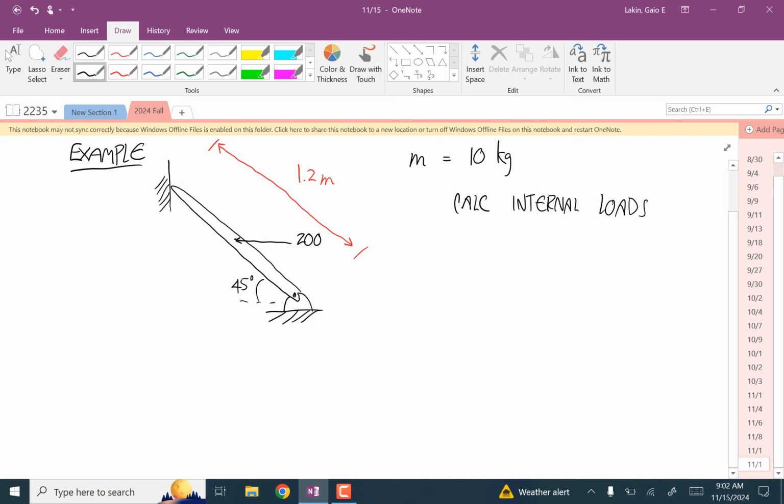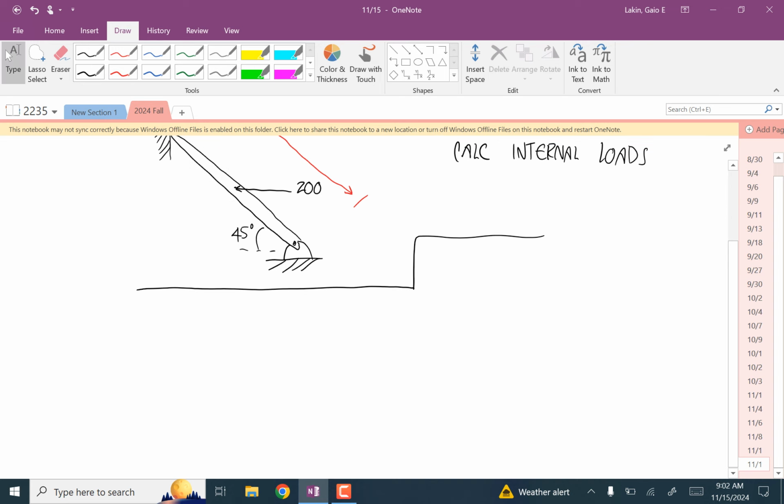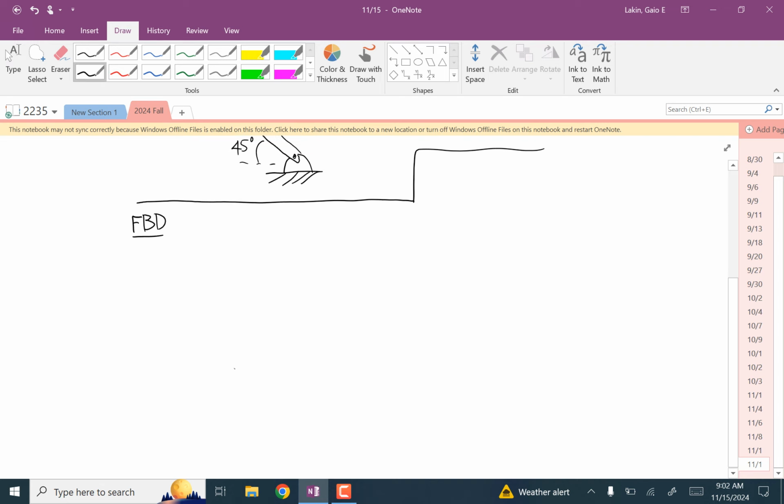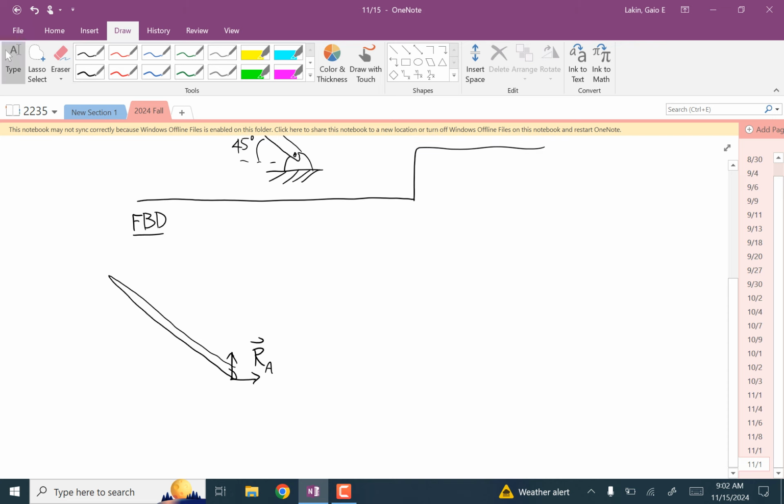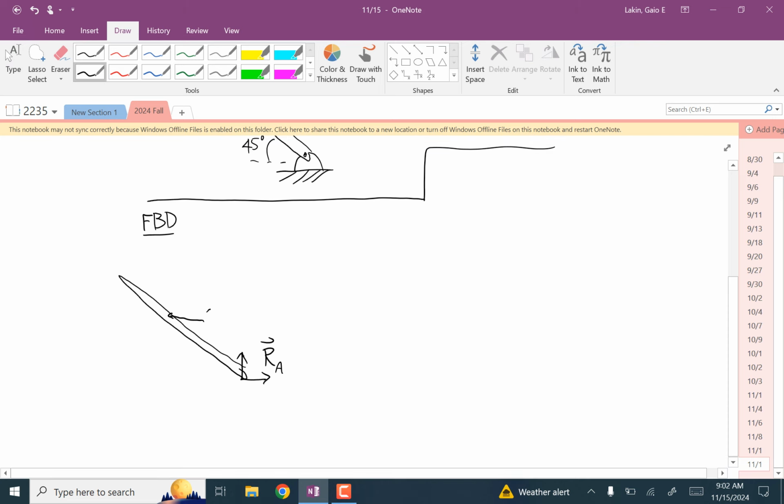Okay, so the first thing we have to do is calculate the external loads. So we have a force RA, an unknown vector there. And at the center, we have a 200 Newton force.